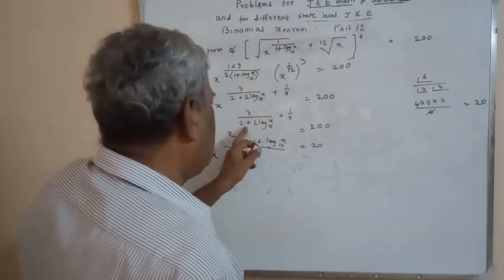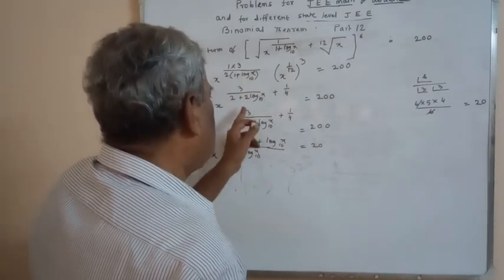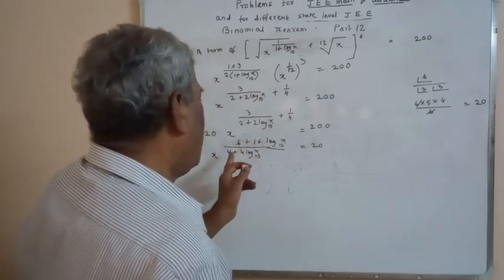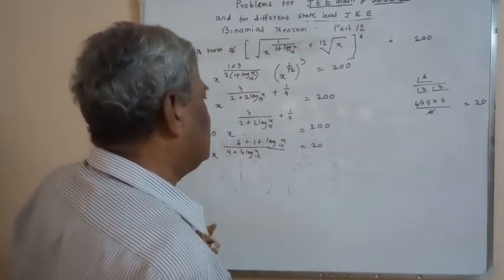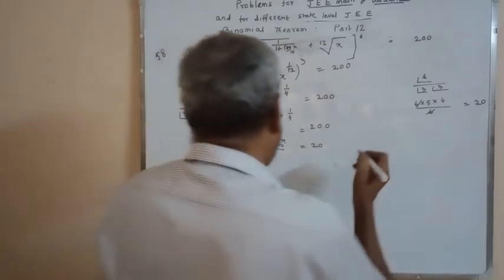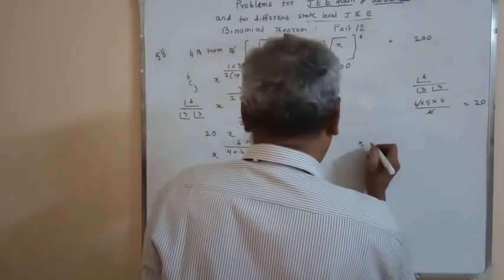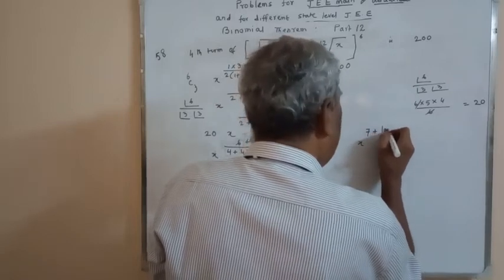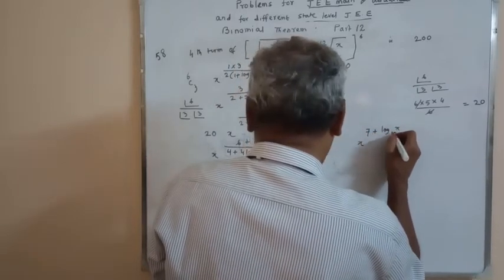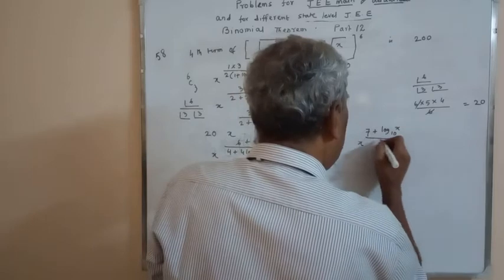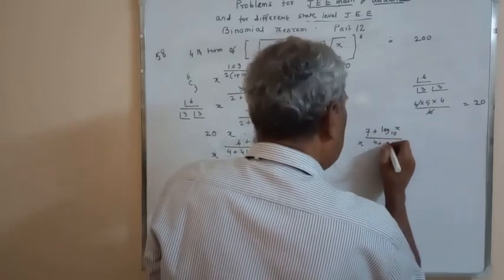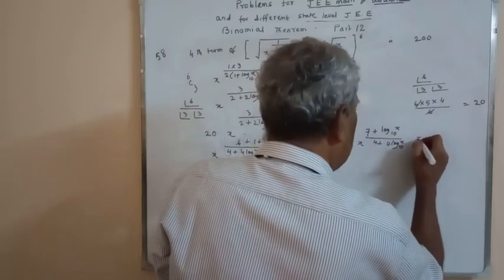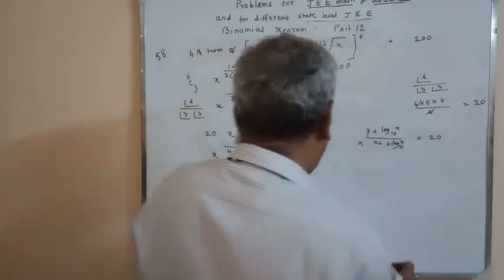Just 1 minute. It is 4, so it is 6, 2, 2, and this is 1 by 4, so that 1 plus log x. So we get x to the power 7 plus log x base 10 by 4 plus 4 log x base 10 is equal to 20.